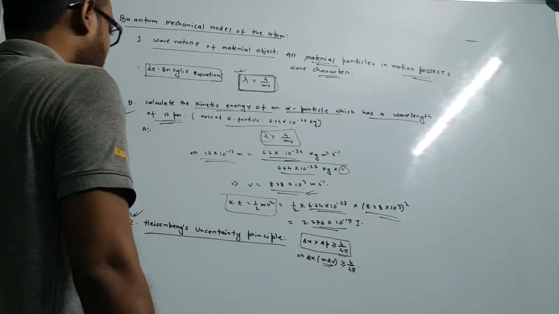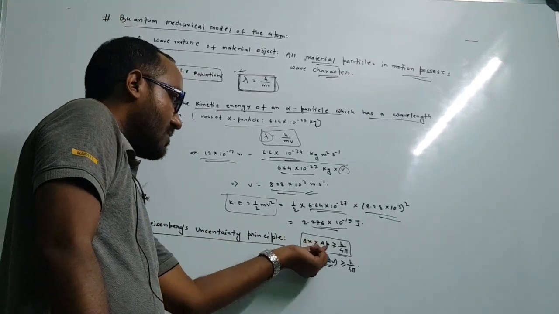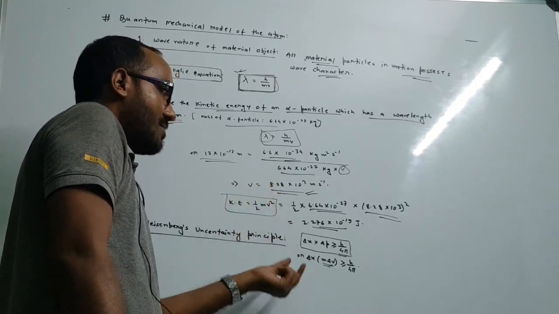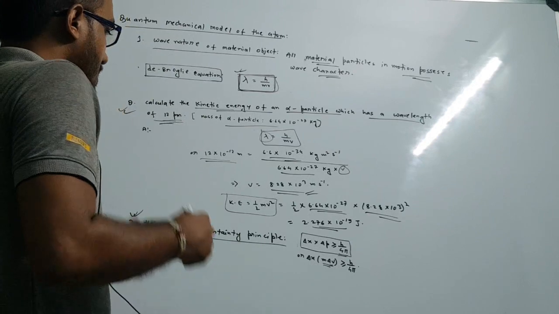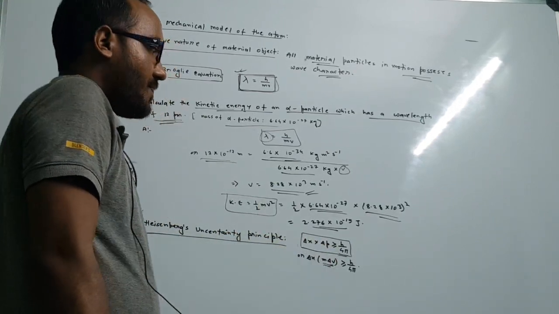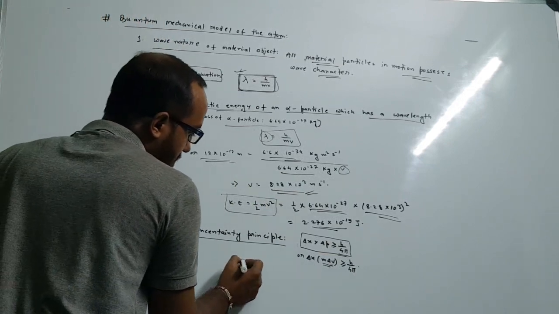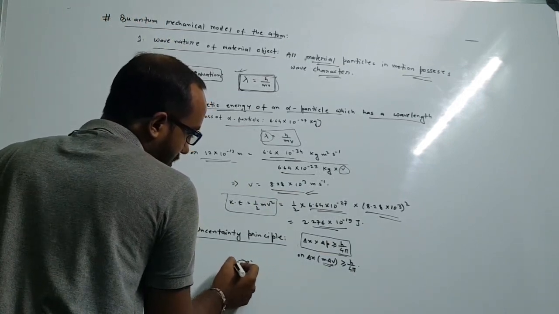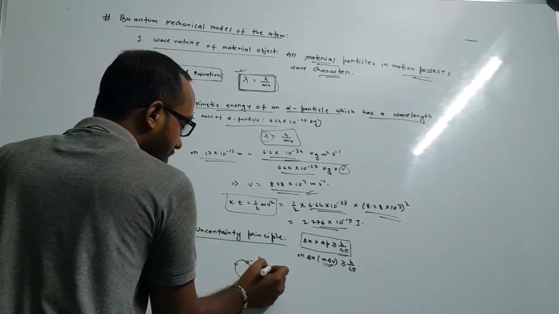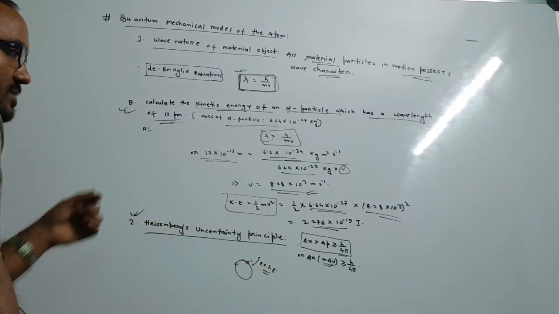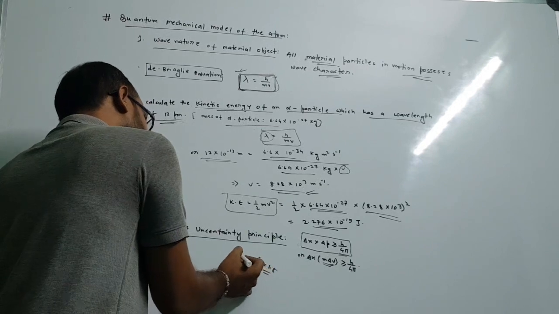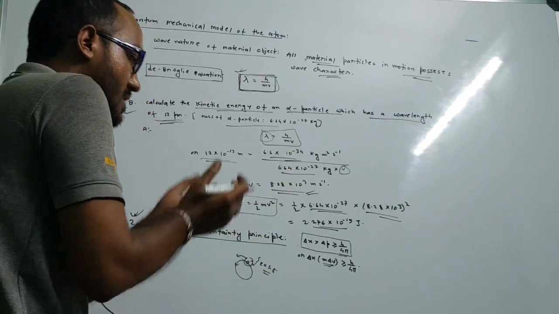That means Heisenberg told that the position and momentum of an electron in a particular orbit at a particular time, you cannot tell the momentum and position very clearly. Because if that electron which is revolving in an orbit got a photon of energy E equals h nu, only one photon, still the electron will change its momentum because it got some energy, right?